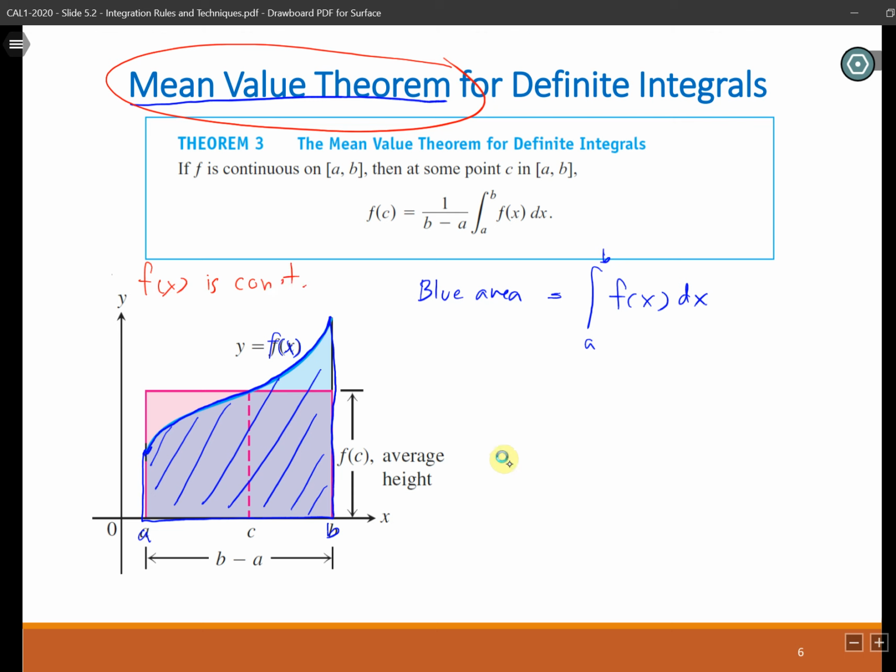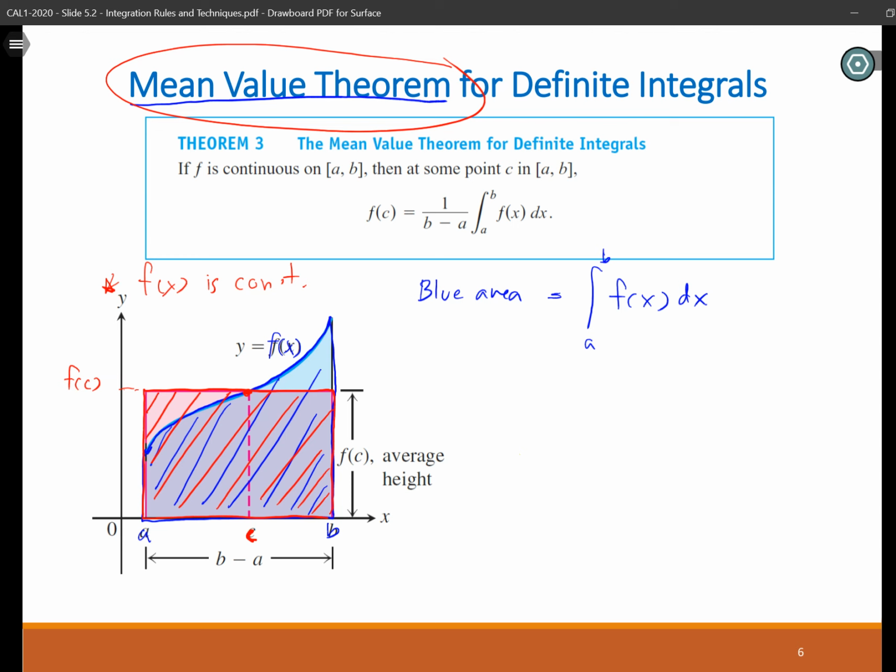So if you have this blue area under the graph of f(x), it's always possible to find a value c between A and B such that when you find this function value f(c) right here, you can create this rectangle with the same area as the blue area. That is the whole point of this theorem.